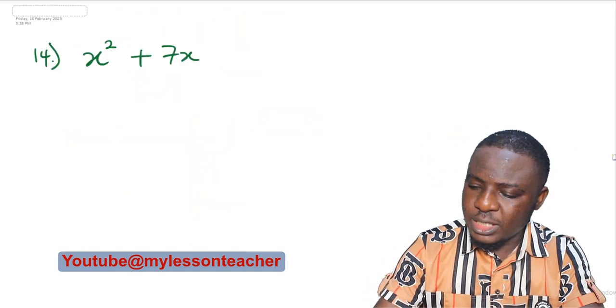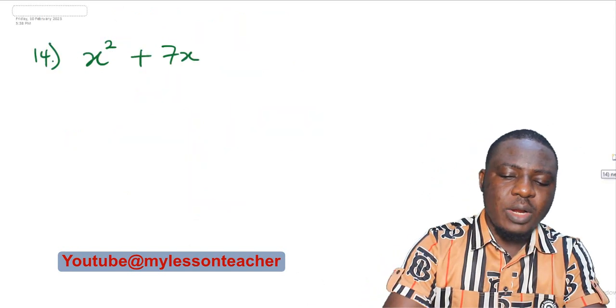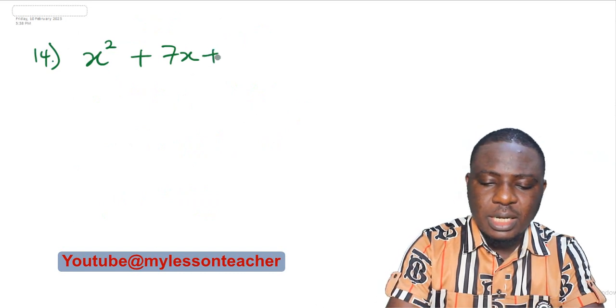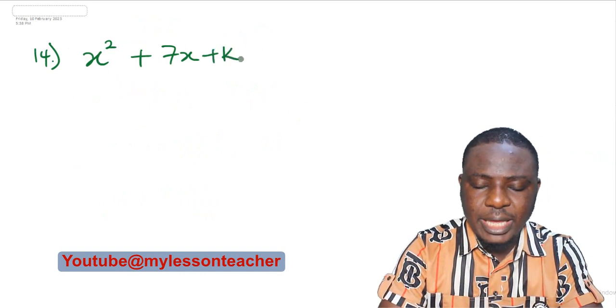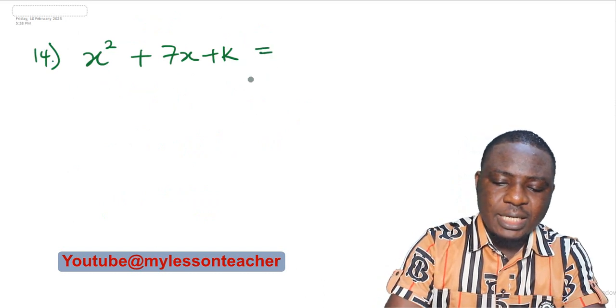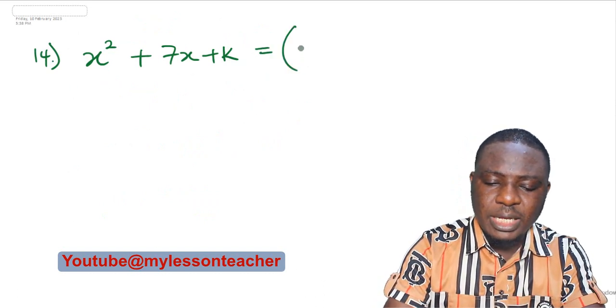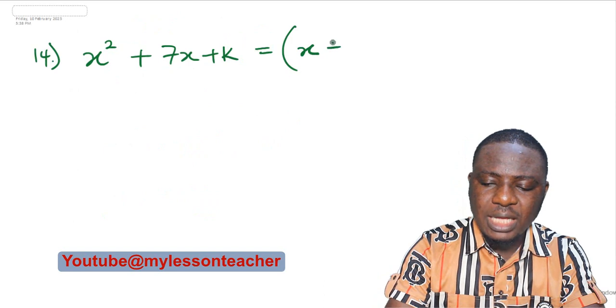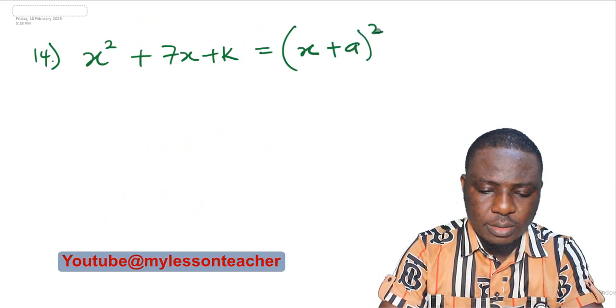So question 14, x squared plus 7x, let that constant term be said to be k, and if this is k, when added to this term, it must make it equal to x plus a all squared.